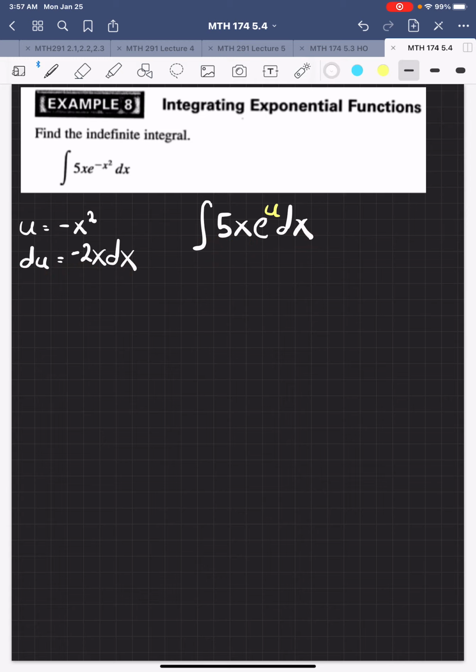So let's see if you can follow me here. I need to have a negative 2, and currently I have a 5. But wait a minute. If I multiply 5 by negative 2 over 5, right? 5 times negative 2 over 5, that does equal negative 2.